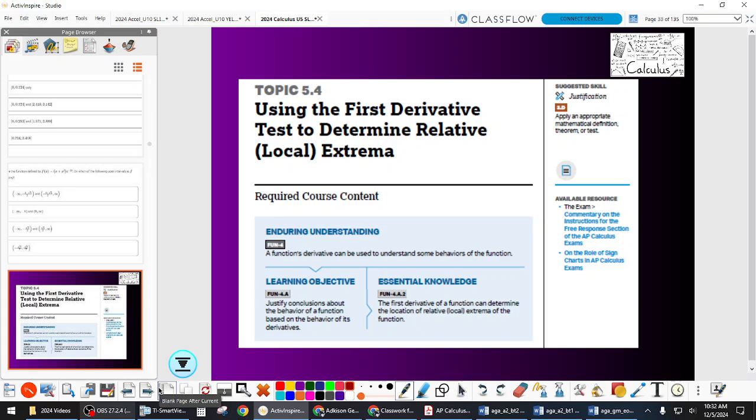So again, we'll find this first derivative, but now we're going to find the local extrema and actually use that to find their value. Just like Tuesday, we were talking about where it was increasing or decreasing on either side of the derivative. We're going to take that one step further to say, if it's increasing then decreasing, or decreasing then increasing.